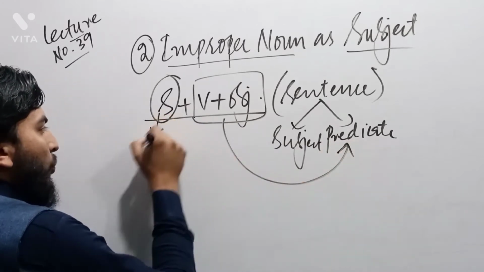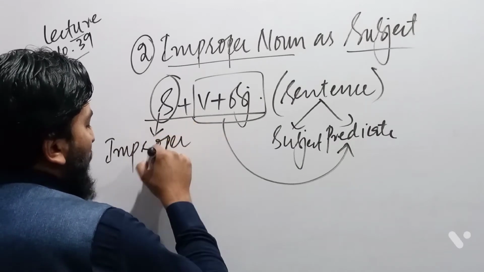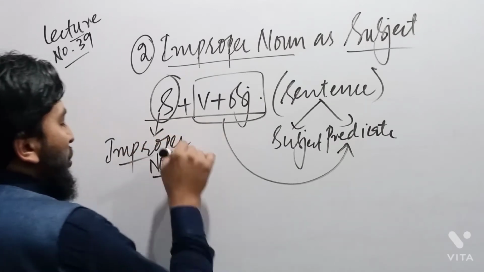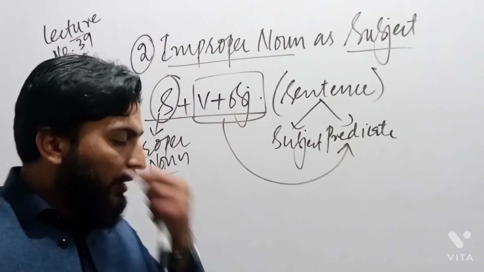But here we should know how an improper noun, or a common noun, or a general name is used in place of subject. This is the second type of subject.